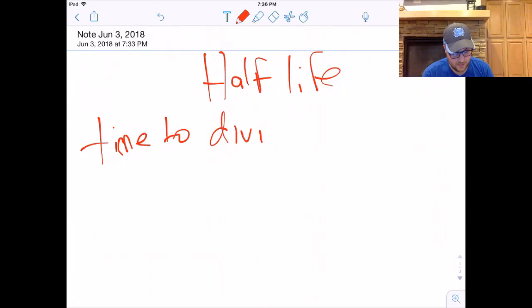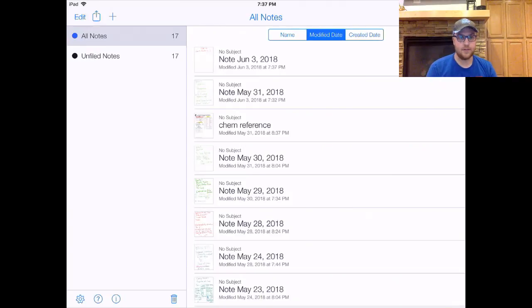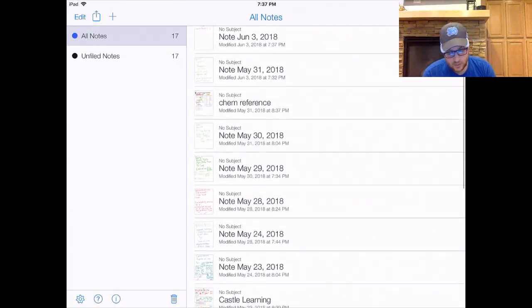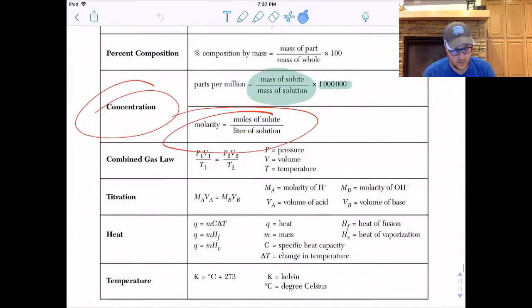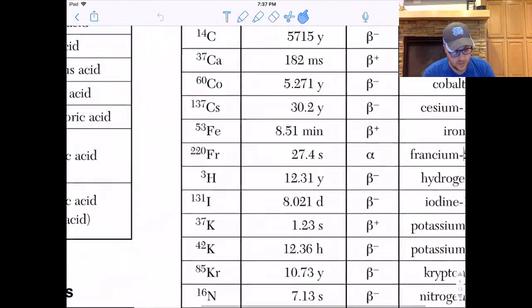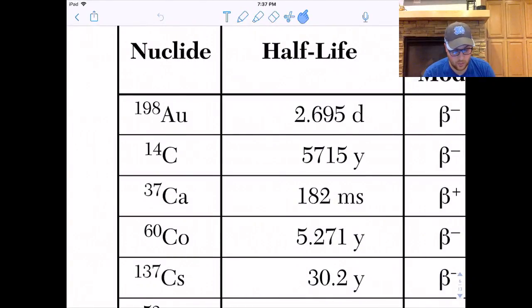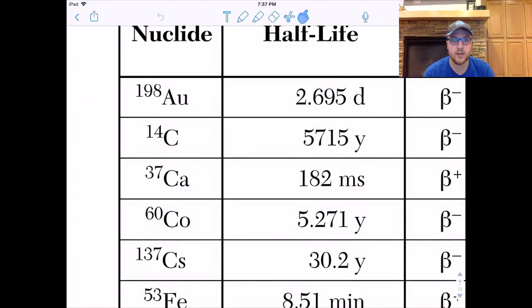divided by 2. So it's time, divide by 2. So, if you're not given a half-life, more likely than not, you're going to have to look it up on Table N. So when you go to Table N, right next to each nuclide, gold, carbon, calcium, etc., is the half-life.